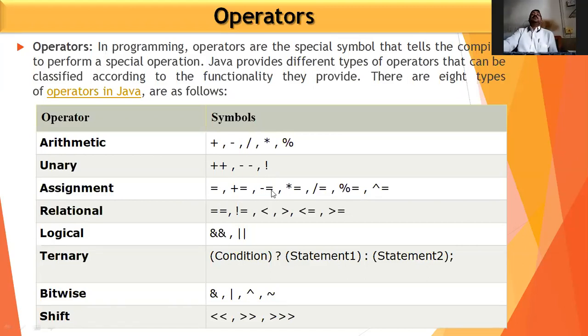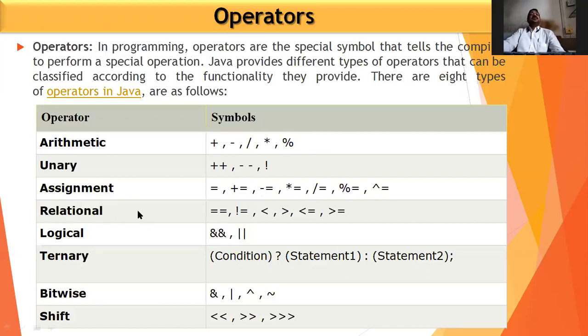So plus equal to, minus equal to, star equal to, slash equal to, percent equal to, and caret equal to, all these are used as assignment operators and shorthand operators in C. And in Java also we use these assignment operators as shorthand operators.